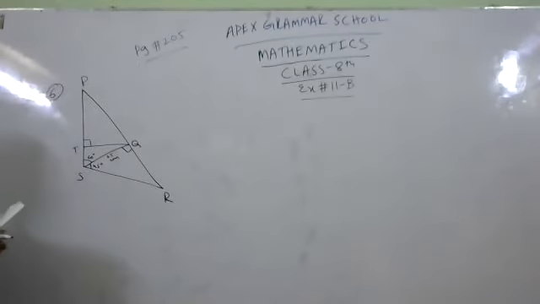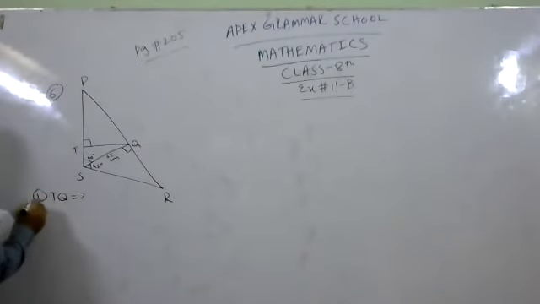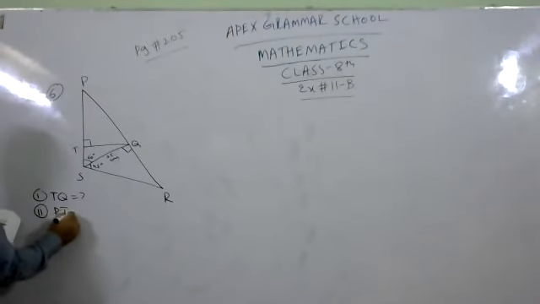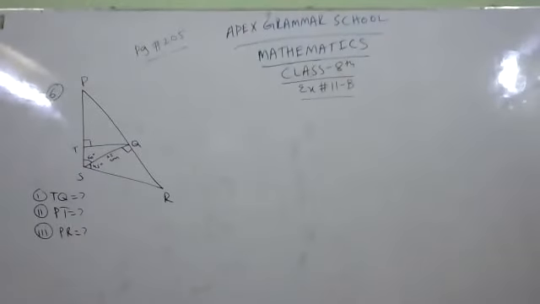P, S, Q, and R. We need to find the value of PQ, PT, and PR. These three sides we need to find out.